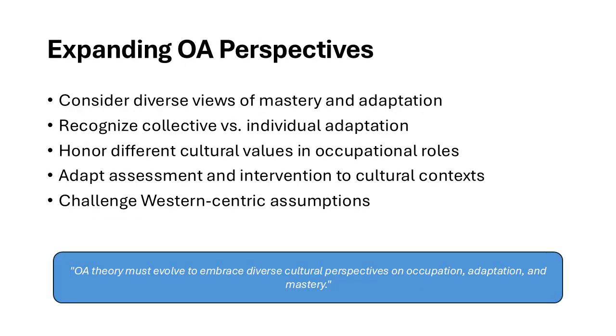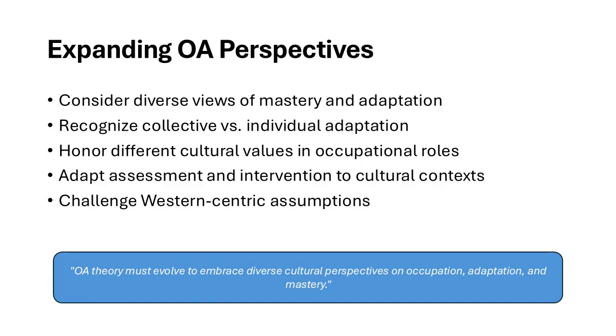Yeah. But, as the source points out, no theory is perfect. Mm. There's a need for evolution, especially around culture. Yes, and this is probably one of the most critical discussions happening in OT theory today. Cultural humility and OA. How so? We really have to question the default, often Western-centric, idea that mastery is always about individual achievement, getting things done faster, better by yourself. Because that's not universal. Not at all. The source pushes us to think about collective adaptation versus individual.